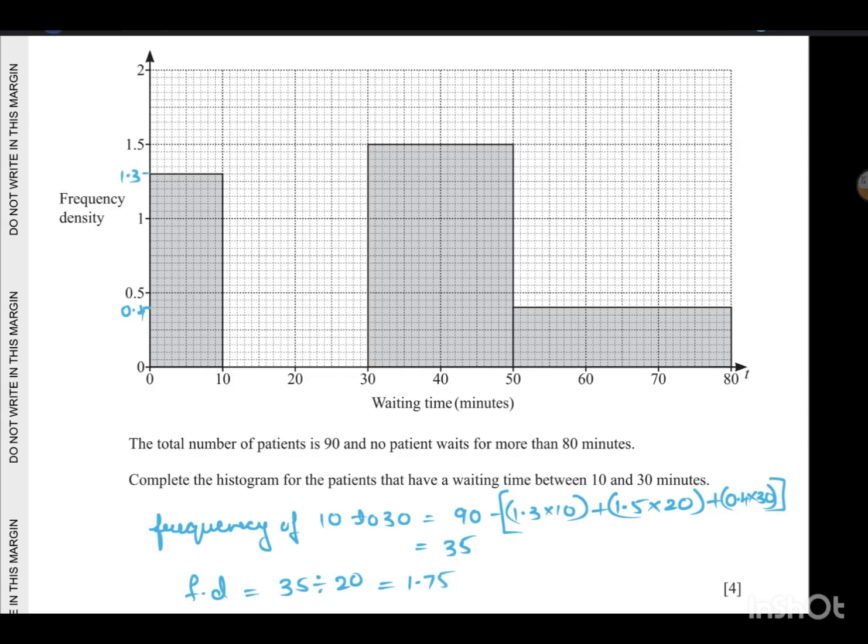We have to mark 1.75: 1.5, 1.6, this is 1.75. So draw that up to there.